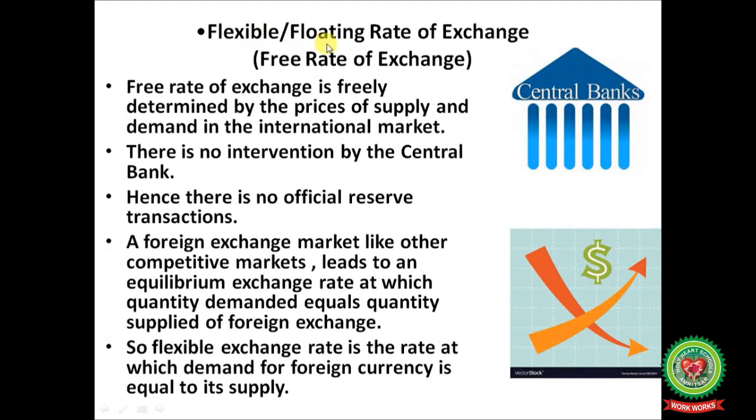Flexible or floating rate of exchange, or free rate of exchange. Free rate of exchange is freely determined by the forces of supply and demand in the international market. There is no intervention by the central bank. Hence, there are no official reserve transactions.